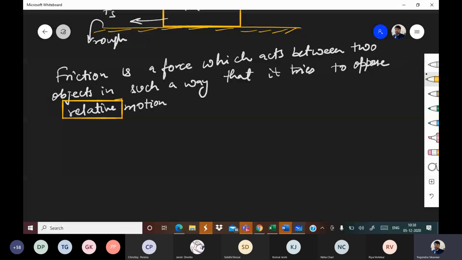If the object is moving, that means relative motion is occurring, then friction will try to stop the motion. But if the object is stationary and some force is acting on it due to which the object is about to move, then friction will start acting such that the object should not move. All right.